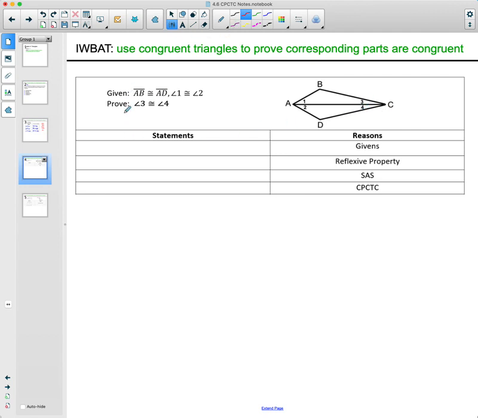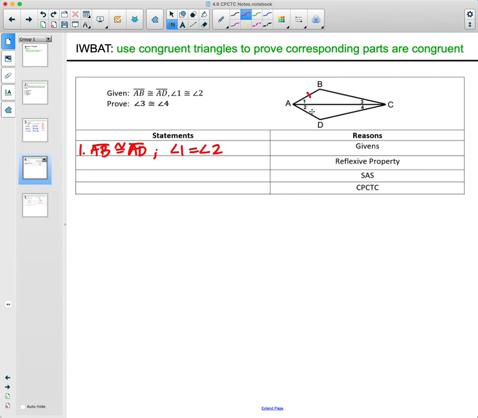First, write down your givens again. We've got AB is congruent to AD, and also angle 1 is congruent to angle 2, and I'm going to mark that on the picture.